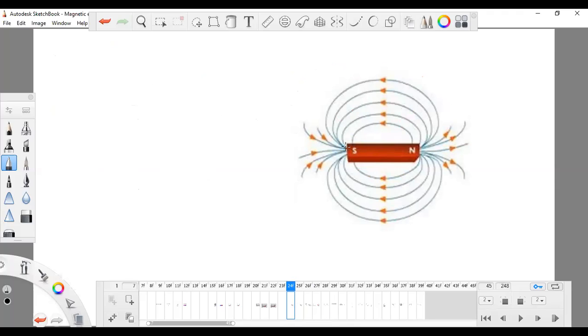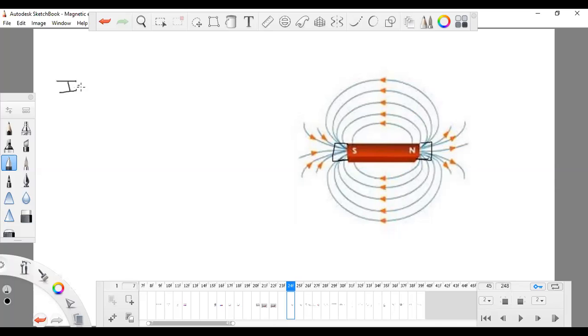So I'm revising this just for you, so that we can see that on this side the intensity, or the number, or the density of magnetic field lines is more.